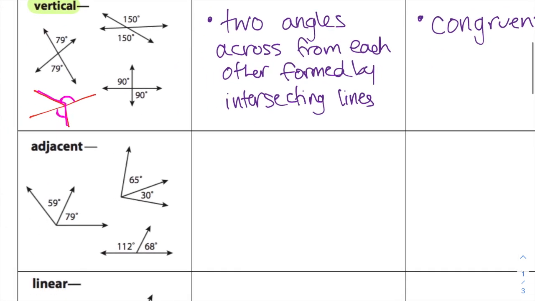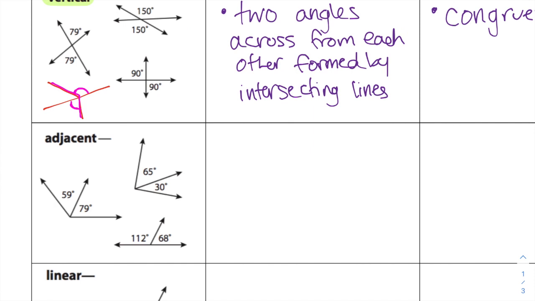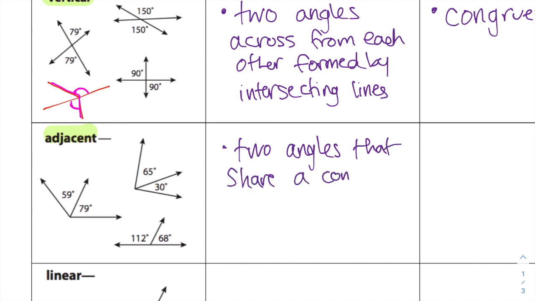Okay, so the next word is adjacent, and we actually didn't talk about that in the investigation because it's pretty basic. It just means two angles that are next to each other, but I'm going to use the more technical definition, so I'm going to say it's two angles that share a common vertex and side.